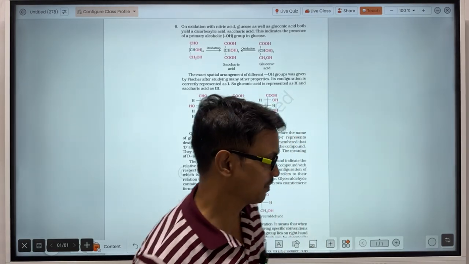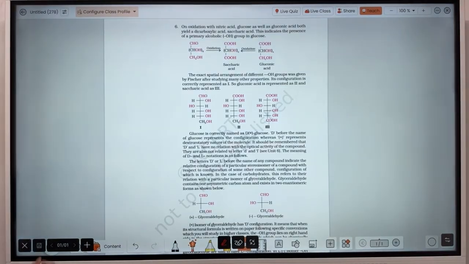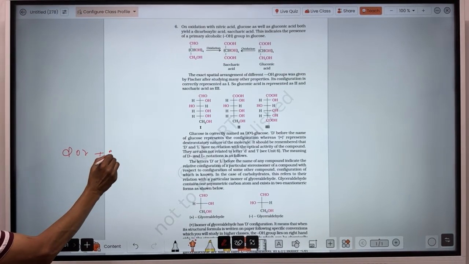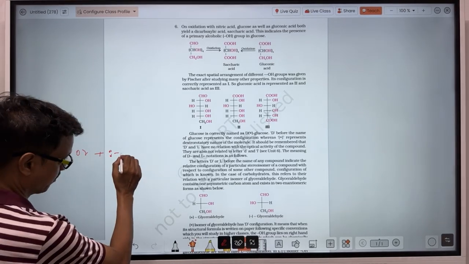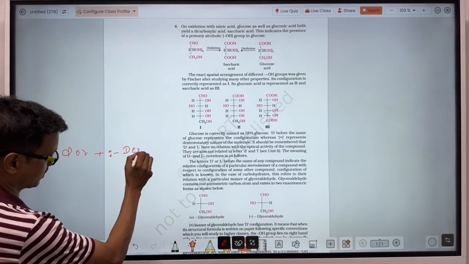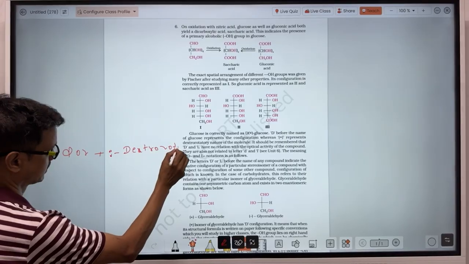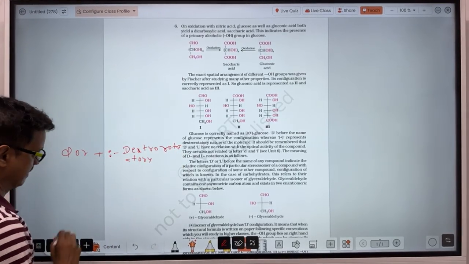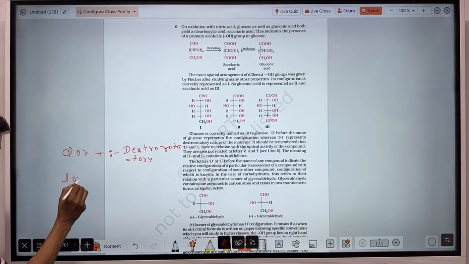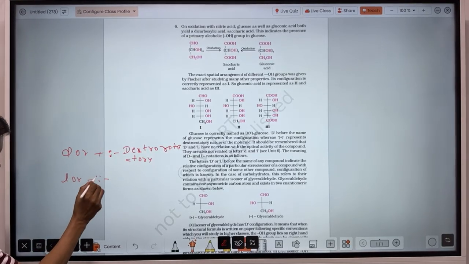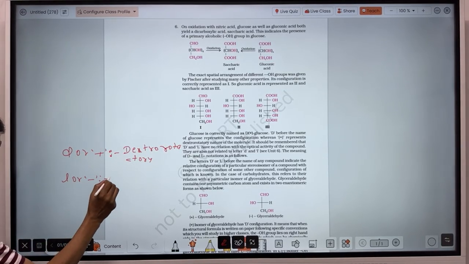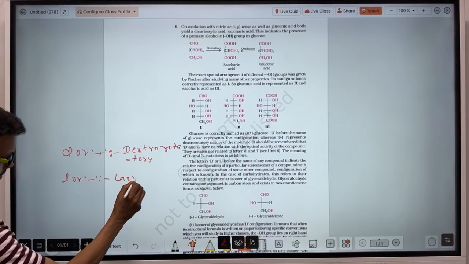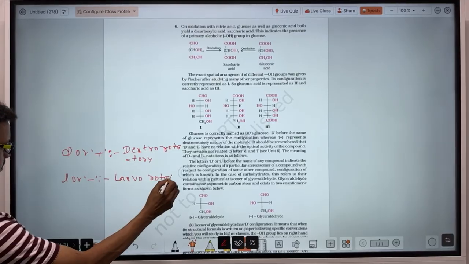A small d, not capital D, or the plus sign indicates that the compound is dextrorotatory, and l or the minus sign indicates that the compound is levorotatory.